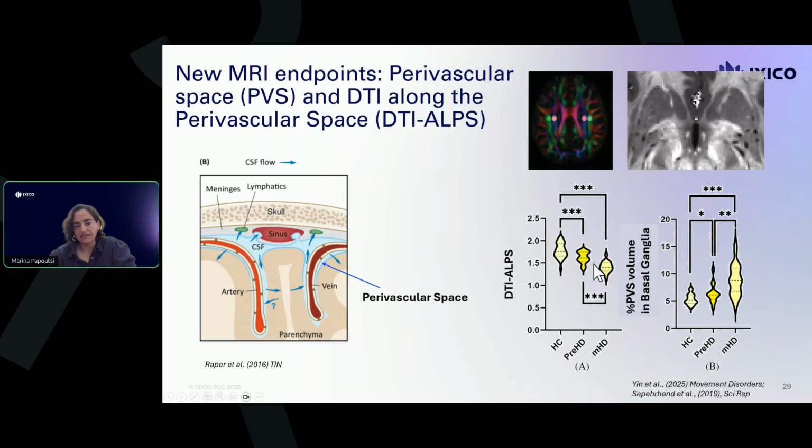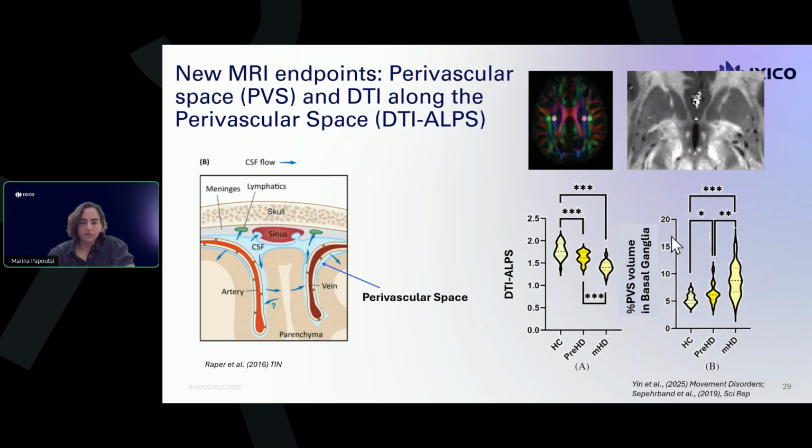You can see in the same paper, Yin et al., that the DTI-ALPS index decreases at the different HD stages, pre-HD and manifest HD. These are some new methods that haven't been tested in clinical trials, but are worth considering, and we can talk about it if you're interested in using them for your trial.